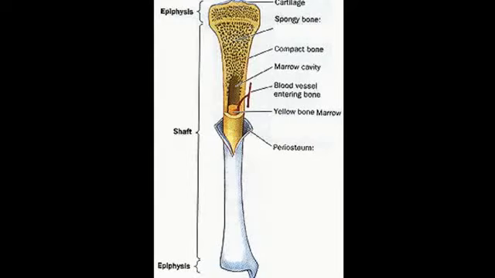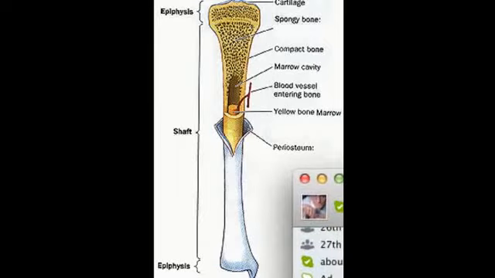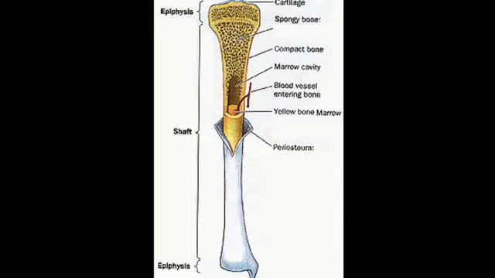Okay. So this is the inside of your long tubular bone. Sorry, this is the internet provider just checking me. Okay, so you divide your long bone into the epiphysis, which is the upper part of your bone. You also have the middle part, which is the shaft. And the other end of your bone is the other epiphysis.